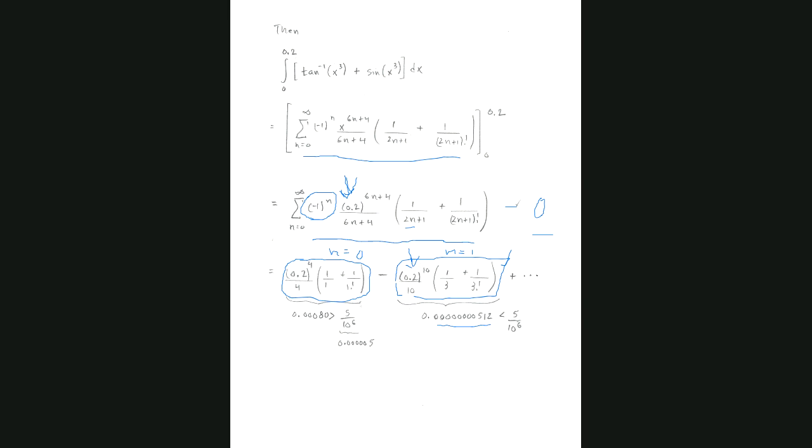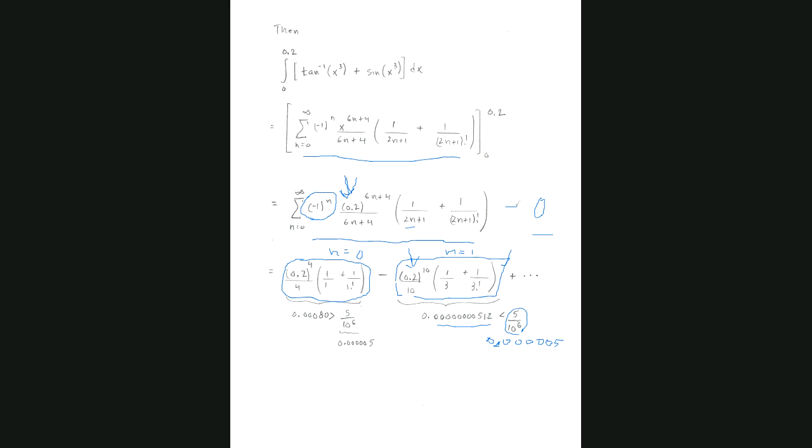So that means we have 5 zeros followed by a 5. If you write this out in decimal form, you have 0.000005.